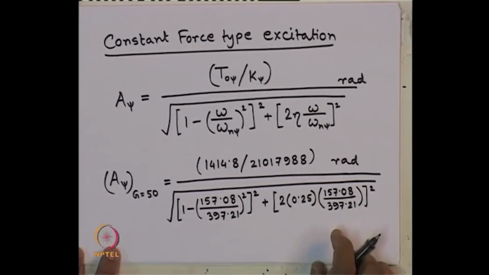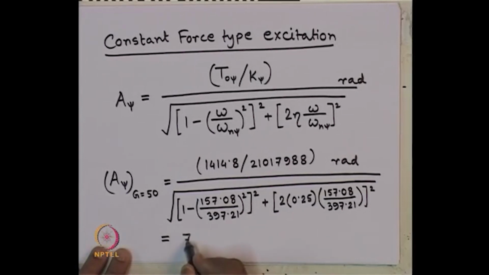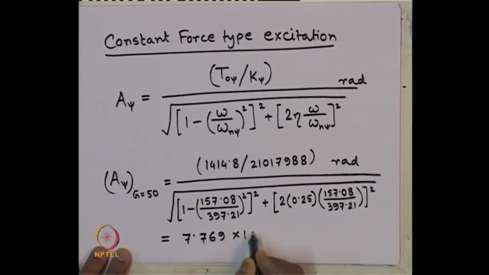All the values, where from we got this. Now, let us calculate this, how much we are getting. So, it is coming about 7.769 into 10 to the power minus 5 radian.